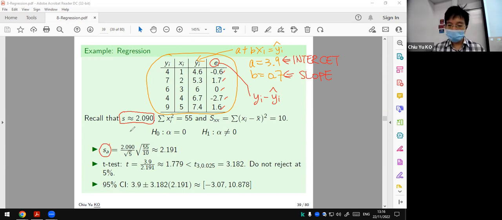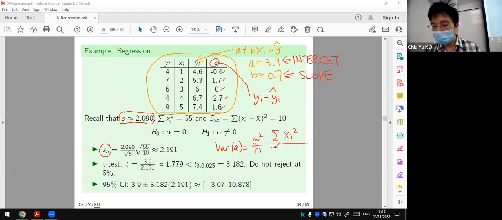So remember, the variance of A is sigma square over n, times the fraction of the sum of x i square over the sum of x i minus x bar square.